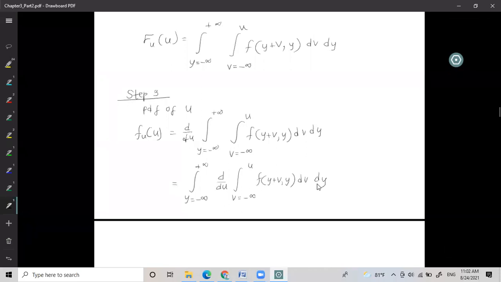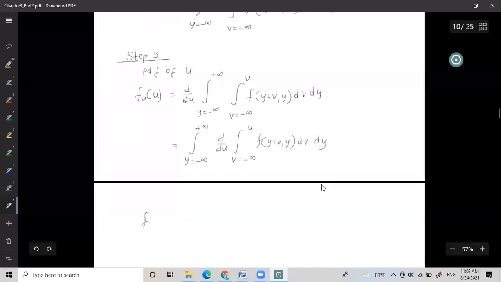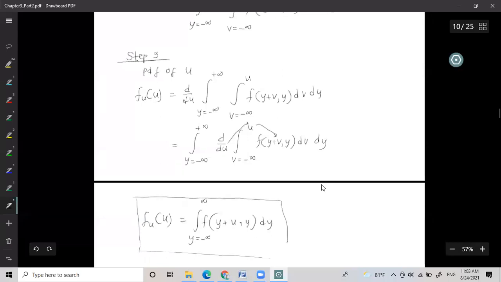According to the fundamental theorem of calculus, you'll end up with the outside integral as it is, but your v should be changed to u. So you'll end up with the joint density of y plus u and y, dy. So here's our final outcome.